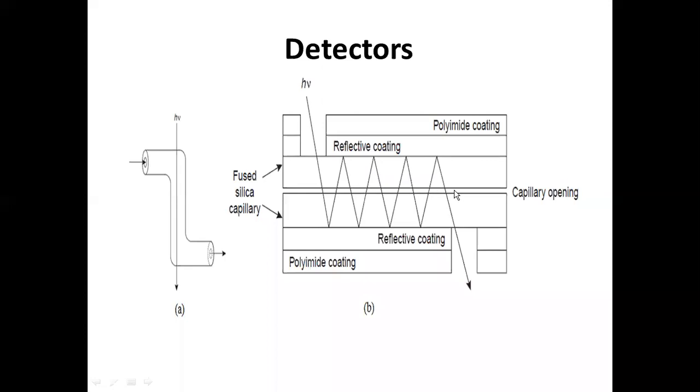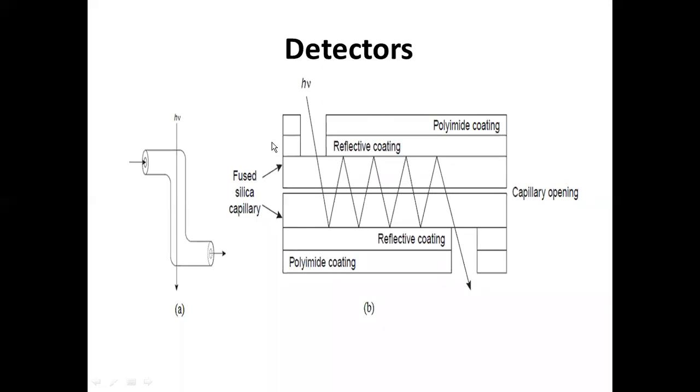Therefore, we can take the deviation between the amount of light energy made to pass through the solutes and the light energy coming out after getting all reflections from the reflective coating. This difference can be utilized in order to detect the solute. So this utilizes laser technology.